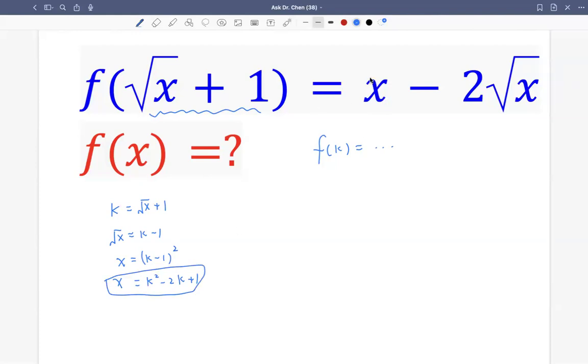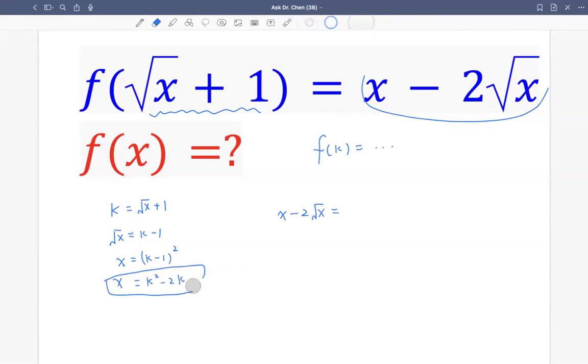So then we use this x value and substitute it into the function for when the function takes square root of x plus 1 as input. So let's evaluate that. We want to write x minus 2 square root of x in terms of k. x equals k squared minus 2k plus 1, or let's use the square to represent it.